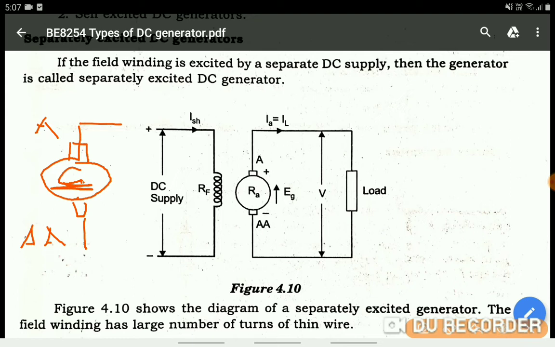So this is what is given here, A armature, A armature. This RA represents the internal armature resistance, and EG is the developed or generated EMF.